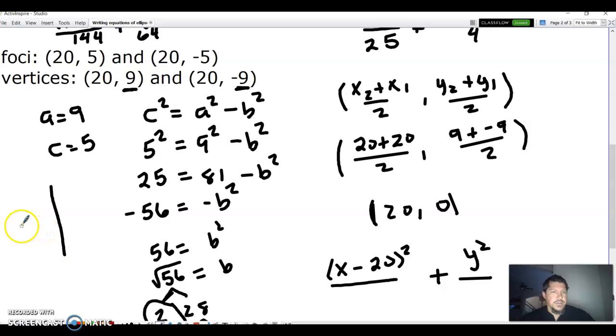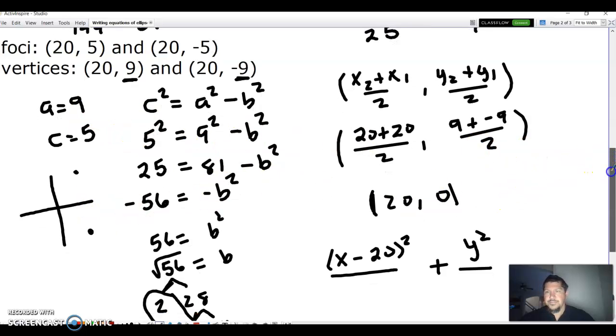So if we make a quick sketch, 20, 9, 20, negative 9. And this is why I want to make that quick sketch, because I don't want to mess this up. Since these are my vertices, that means the y part is my major axis.